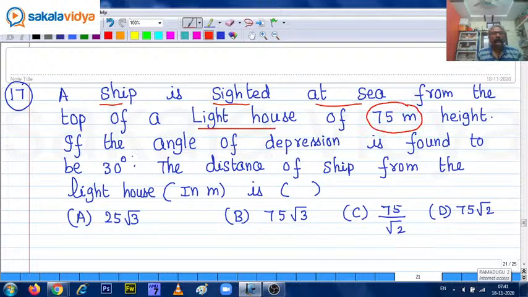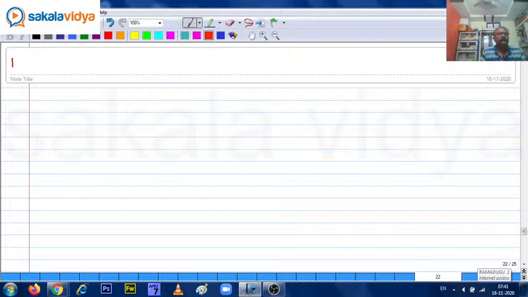The angle of depression is found to be 30 degrees. We need to find the distance of the ship from the lighthouse.